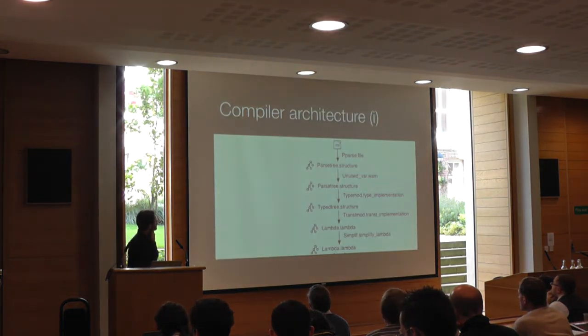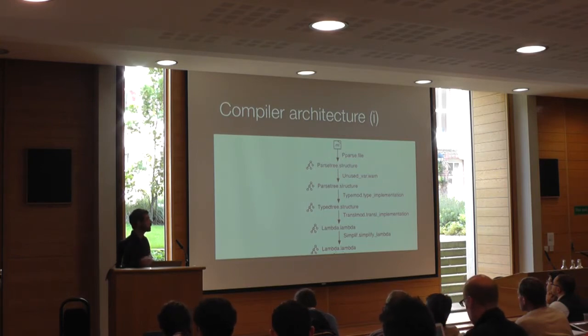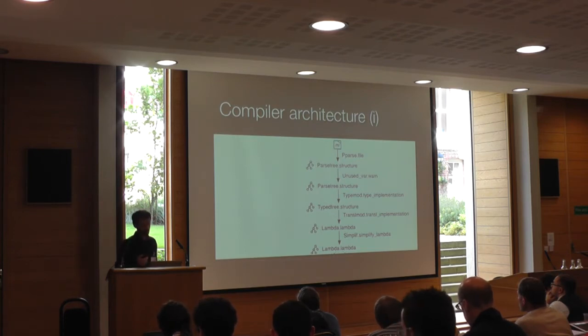So some words about compiler architecture. The original OCaml implementation provides indeed two compilers, one targeting a custom virtual machine, and the other one a native code compiler.